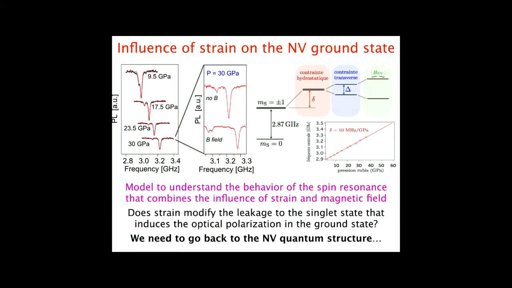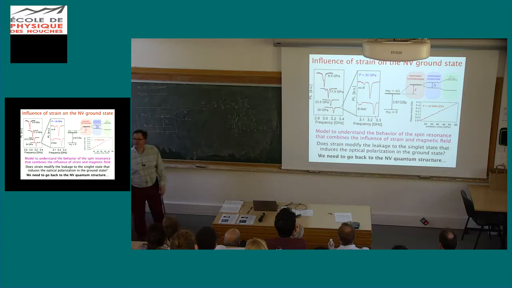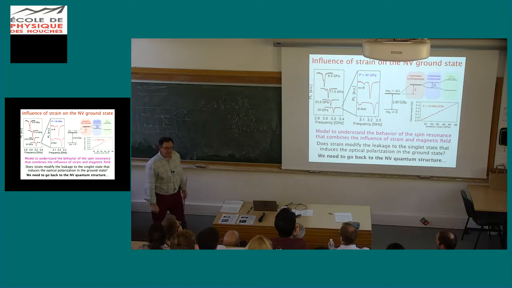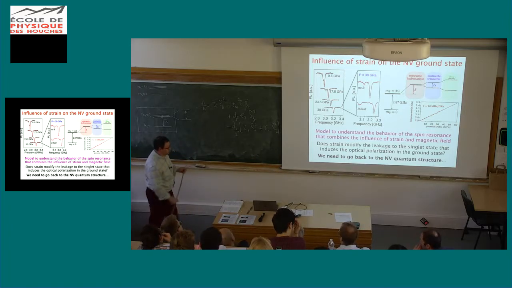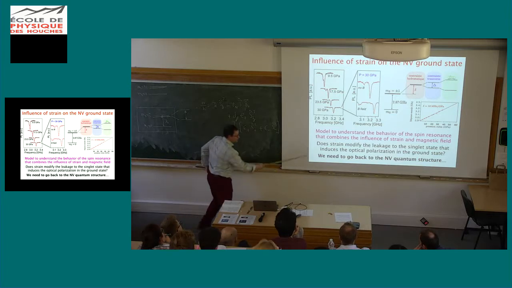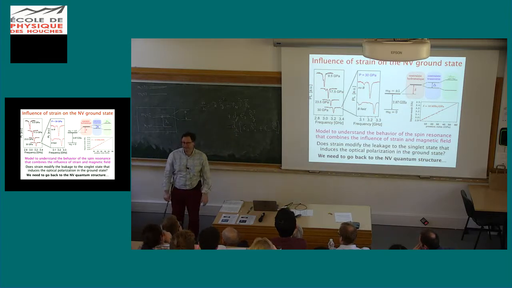So somehow we need to go beyond this simple description, and we need a model to understand how the applied perturbation influences these levels. For instance, we still have a lot of open questions. Does the strain modify the leakage toward the singlet manifold that creates the spin polarization?